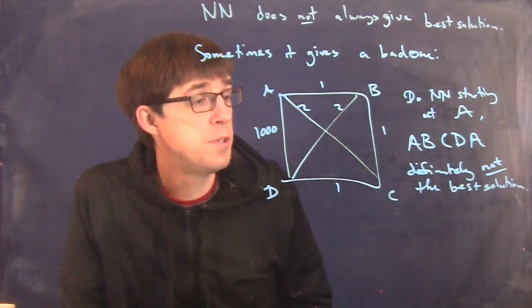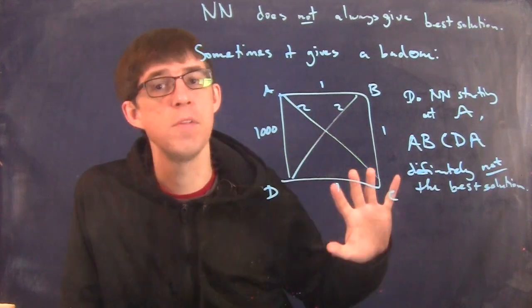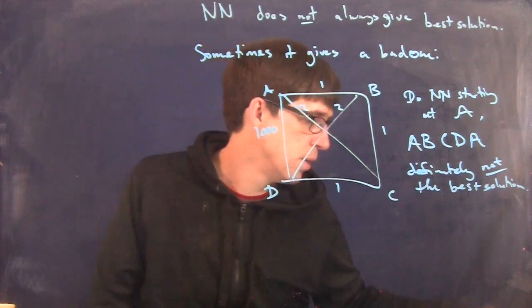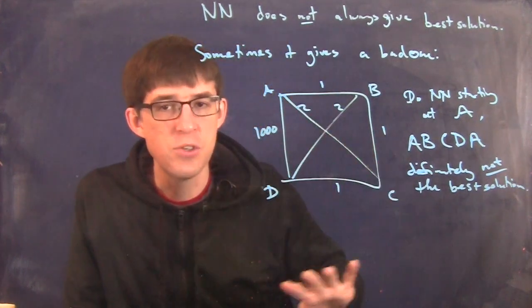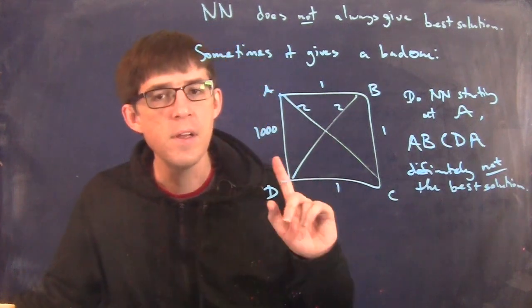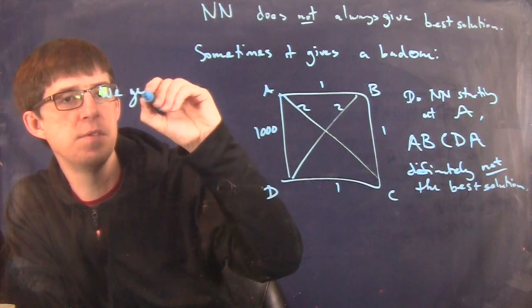One thing that you can do to try and mitigate the fact that the nearest neighbor algorithm sometimes does make bad choices, one thing you can do to minimize the bad choices, is by varying the starting point. So we get different results, as we've seen already.